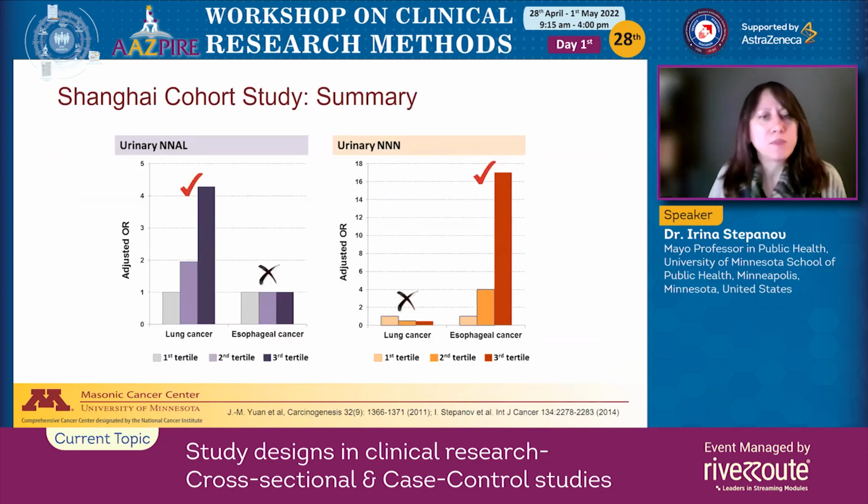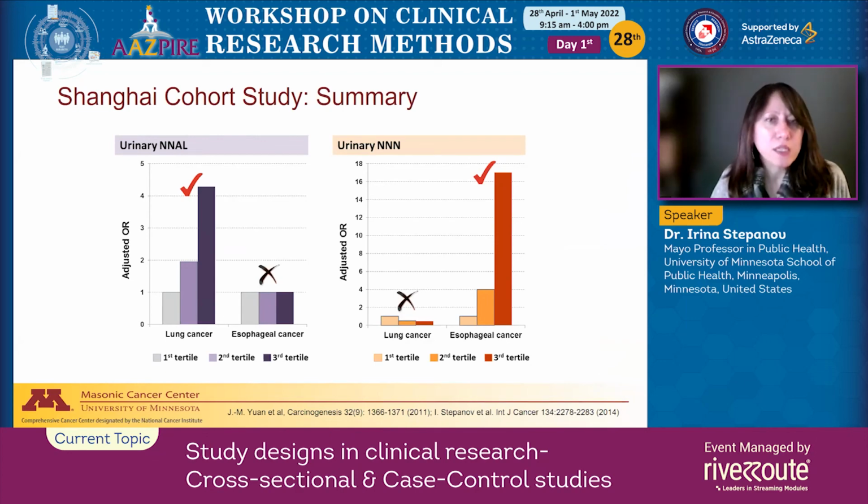And when we looked at the data, I will skip this because we are short on time, but this chart pretty much summarizes what was in previous tables. We saw that higher levels of biomarkers were associated with higher risk for developing lung cancer for NNK, and this is the chemical that causes lung cancer in laboratory animals as well. But we didn't see this association for esophageal cancer.